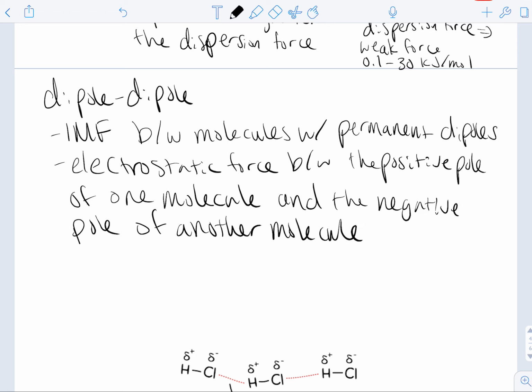We have to have permanent dipoles, so any polar molecule will exhibit this. Okay, this will be a medium strength interaction.